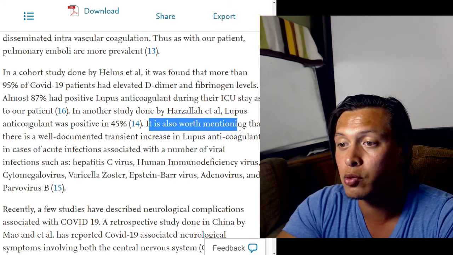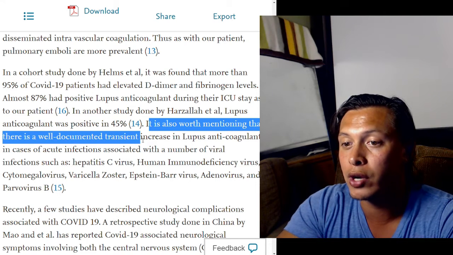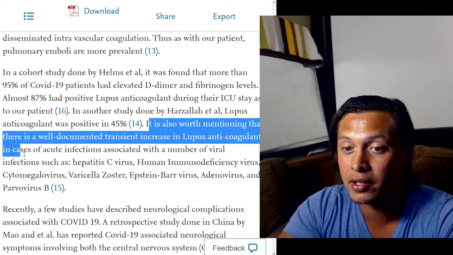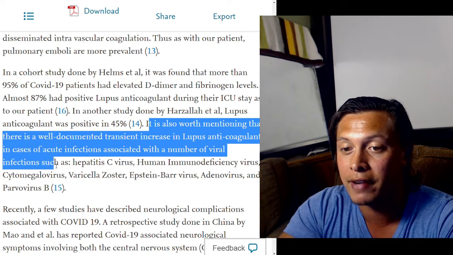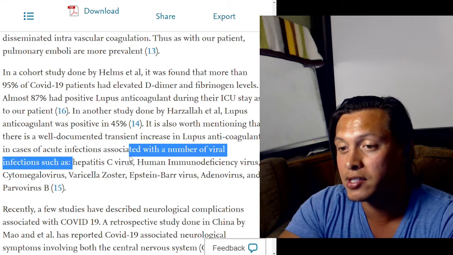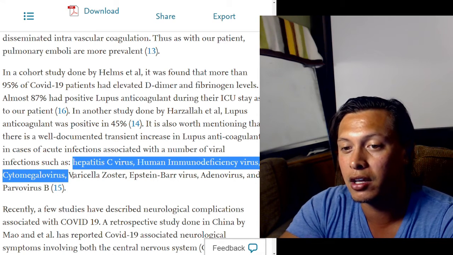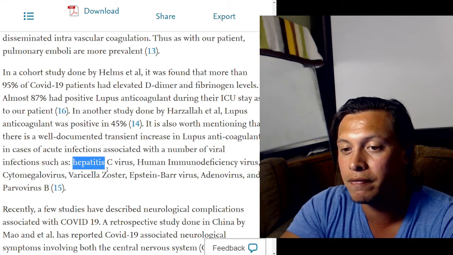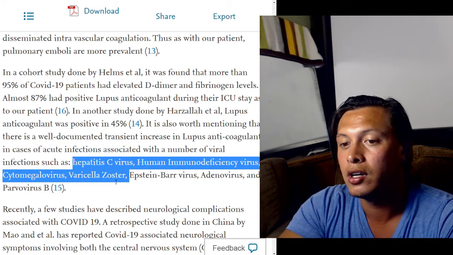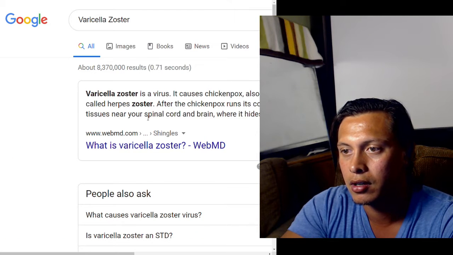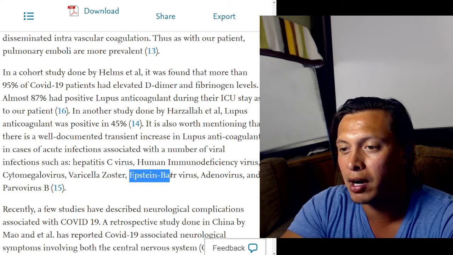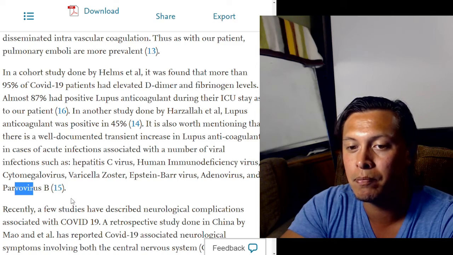It is also worth mentioning that there is a well-documented transient increase in lupus anticoagulant in cases of acute infections associated with a number of viral infections, such as hepatitis C, HIV, cytomegalovirus, varicella zoster, which I believe is chickenpox, Epstein-Barr virus, adenovirus, and parvovirus.